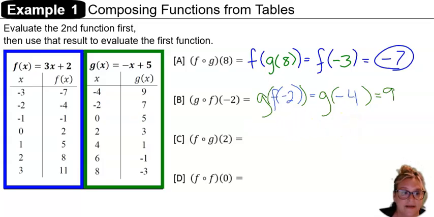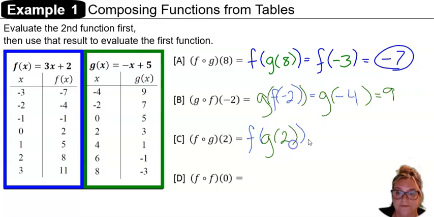Okay, let's try the next one. We're going to evaluate the function f composed with g of 2. So we're going to evaluate g of 2 first.